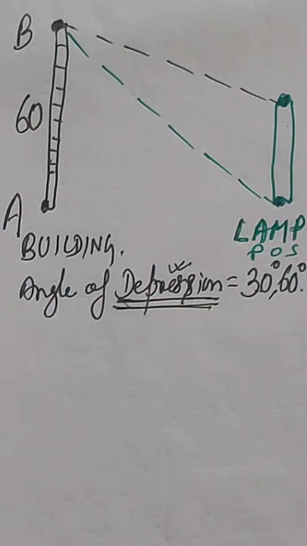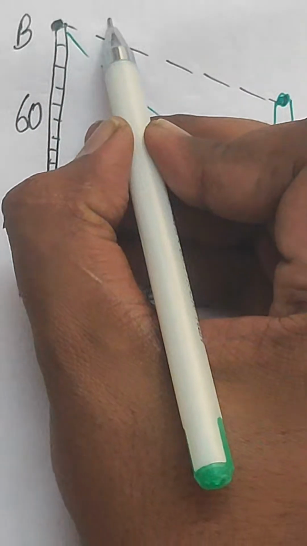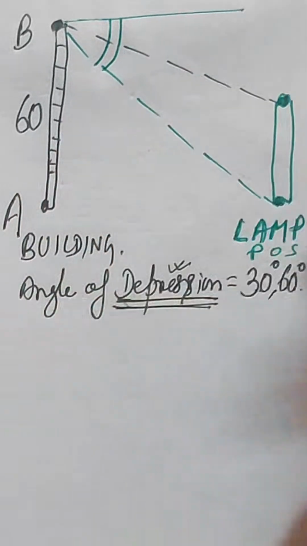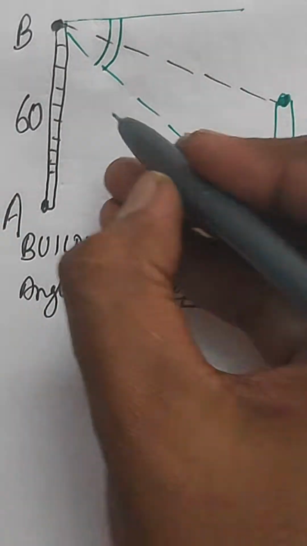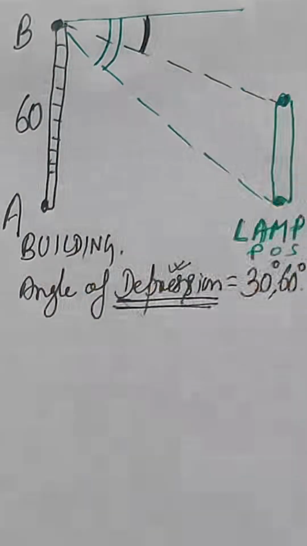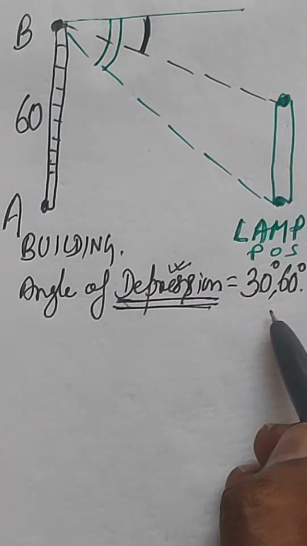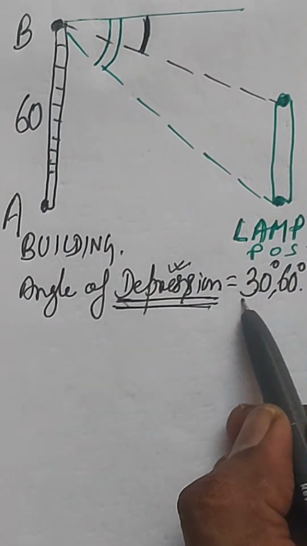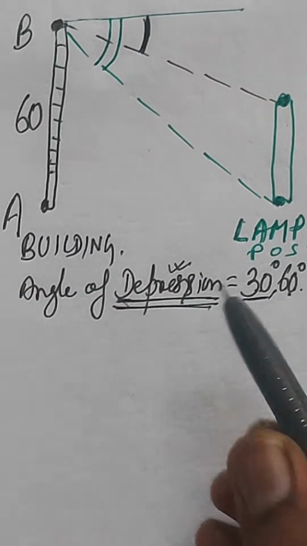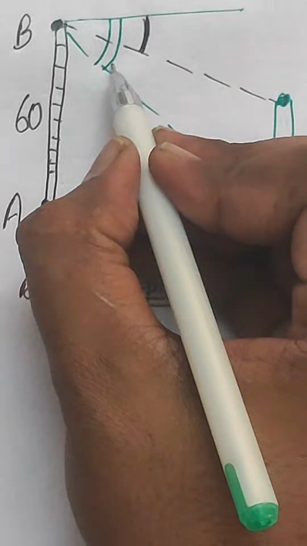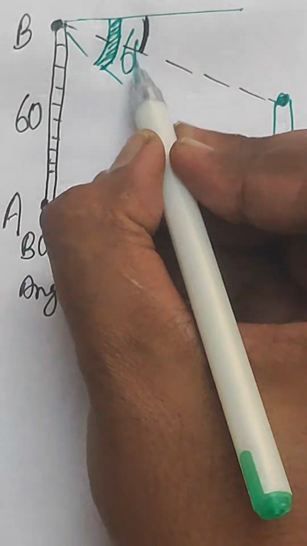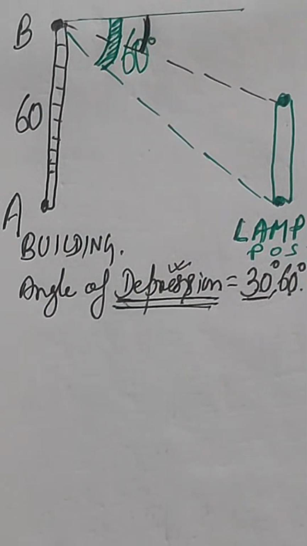And this angle will be the angle of depression, and this angle will also be the angle of depression. Okay, so here you can see which is higher, this 30 or this 60. This 60.